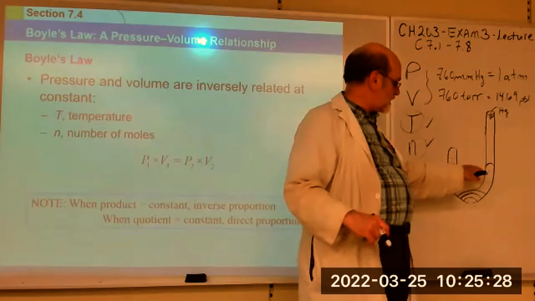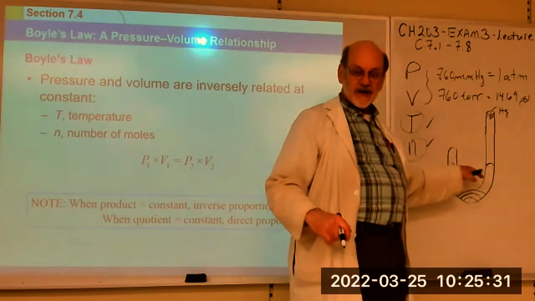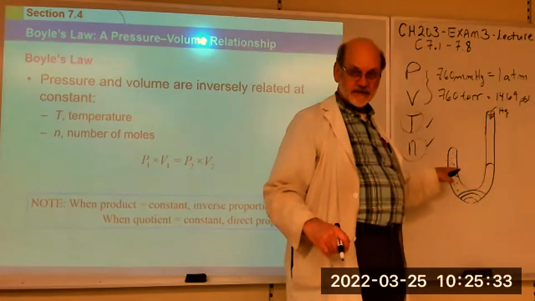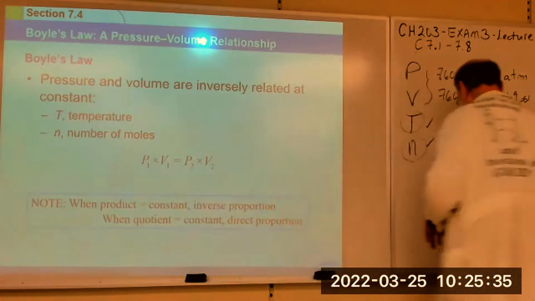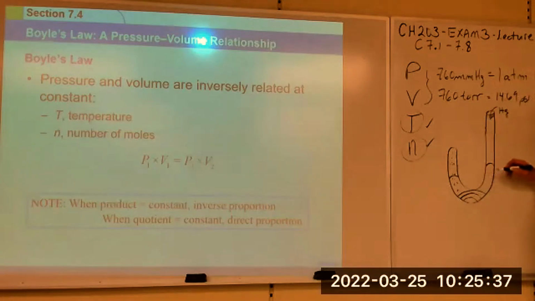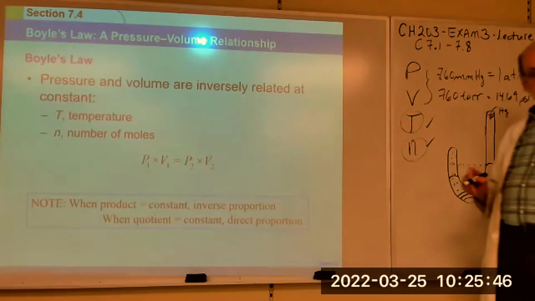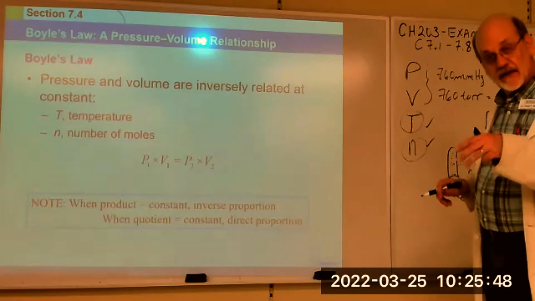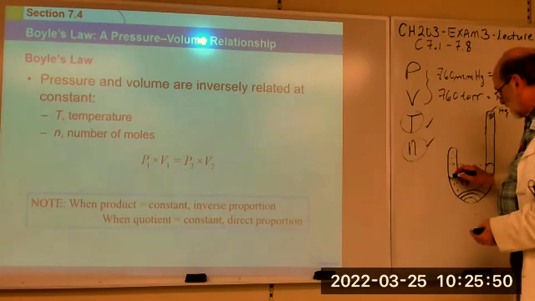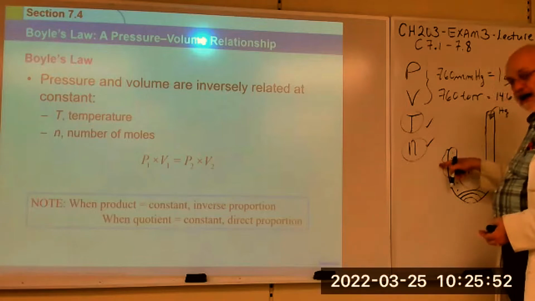So as he increased the pressure, the volume of the gas decreased. And the pressure in millimeters of mercury is the difference between this one and this one. That height is the pressure on the gas.